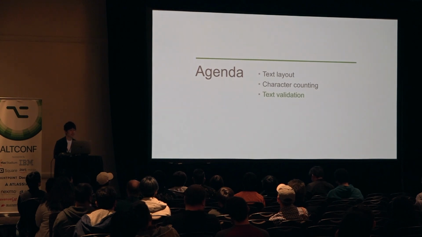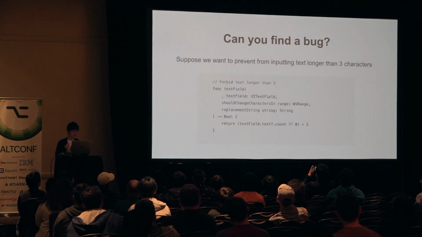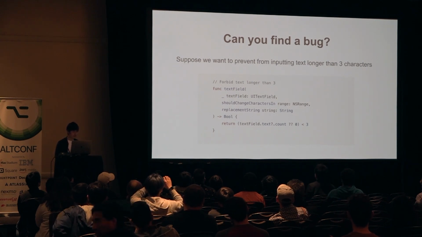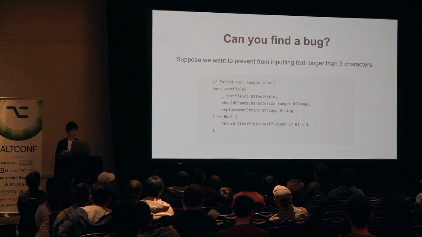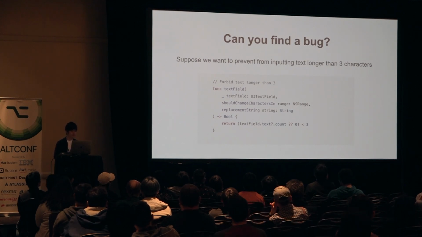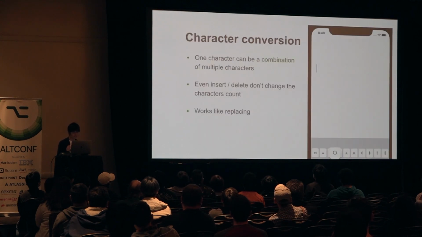Last topic is about validation. This is the delegate method of text field. Suppose we want to prevent text longer than 3 characters. Can you find a bug? Please refer to the screen record.